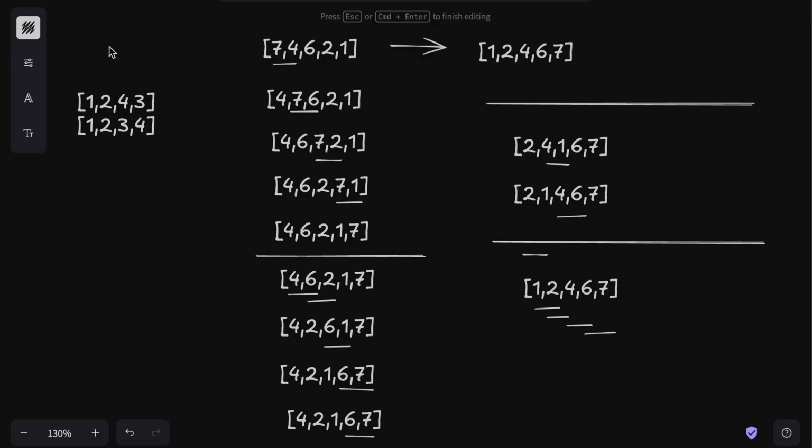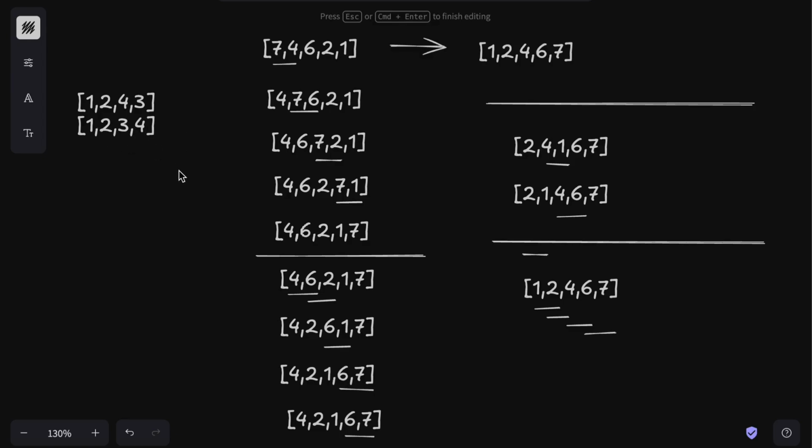So in the first outer pass, at i equals 0, we have already got a sorted array. Next time when i is 1, there will be no swaps happening because 1 2 3 4 is all sorted.